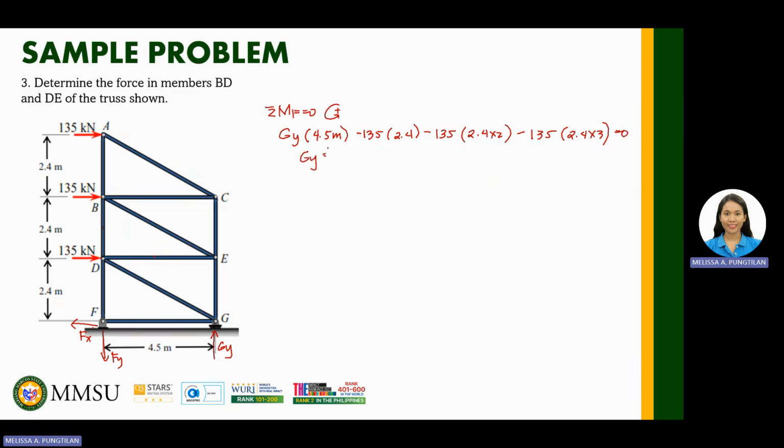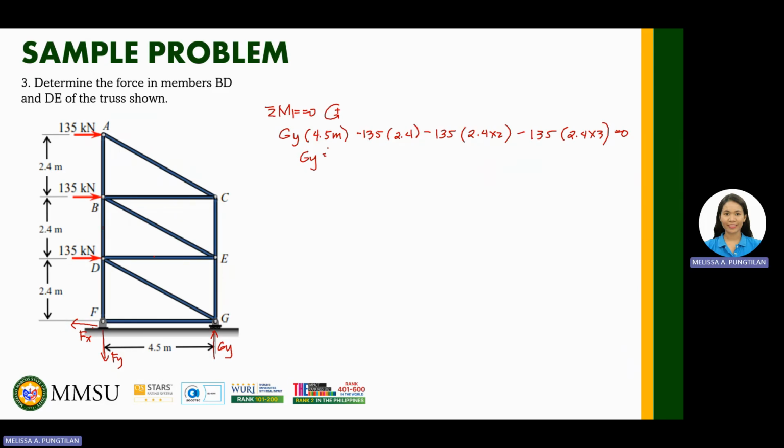Therefore, Gy is equal to 432. Double check natin.